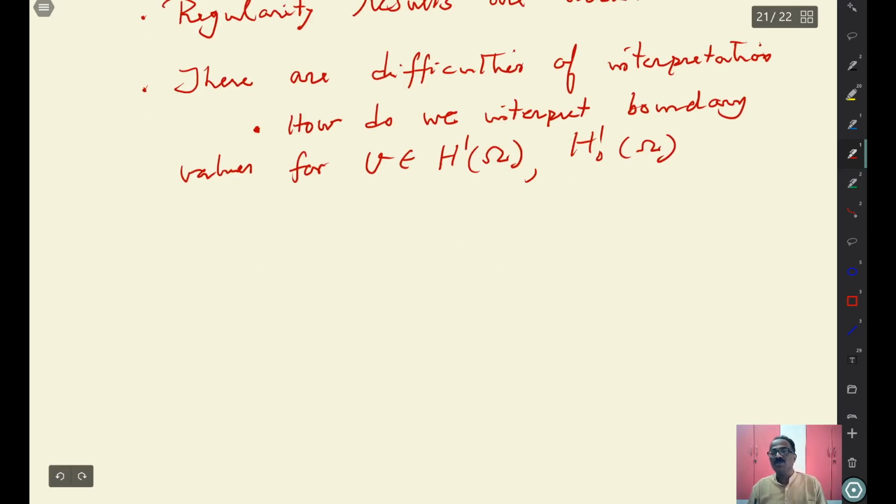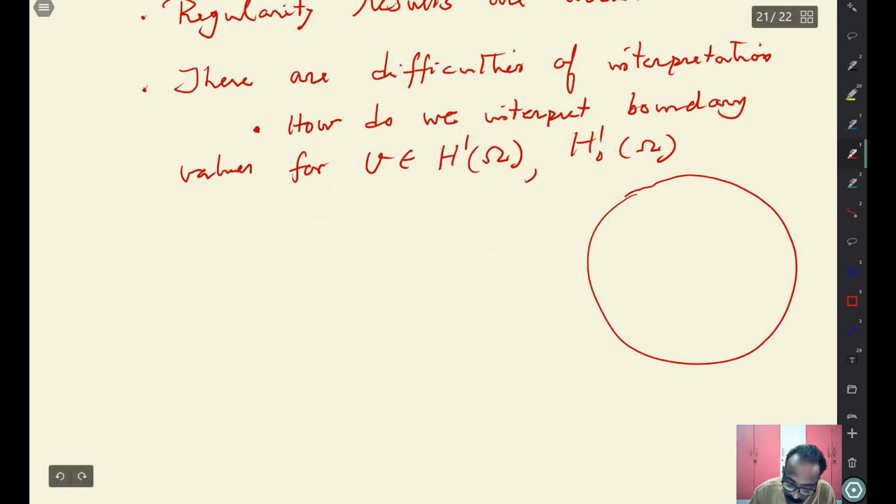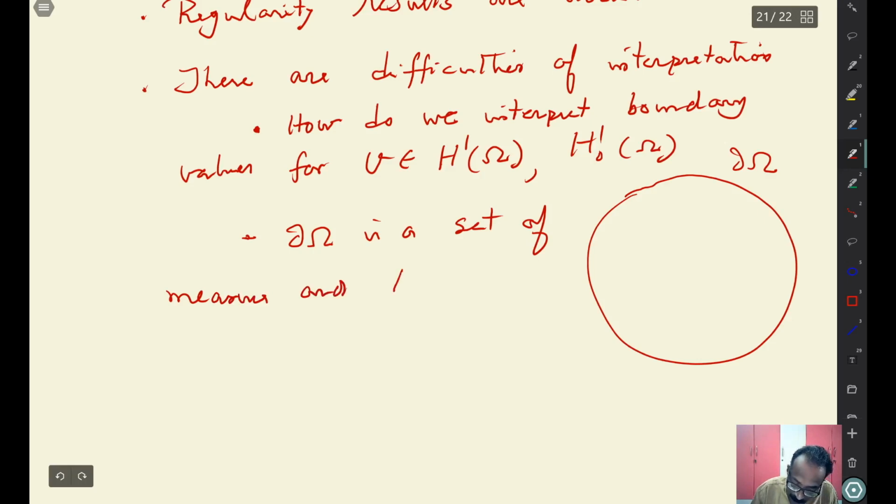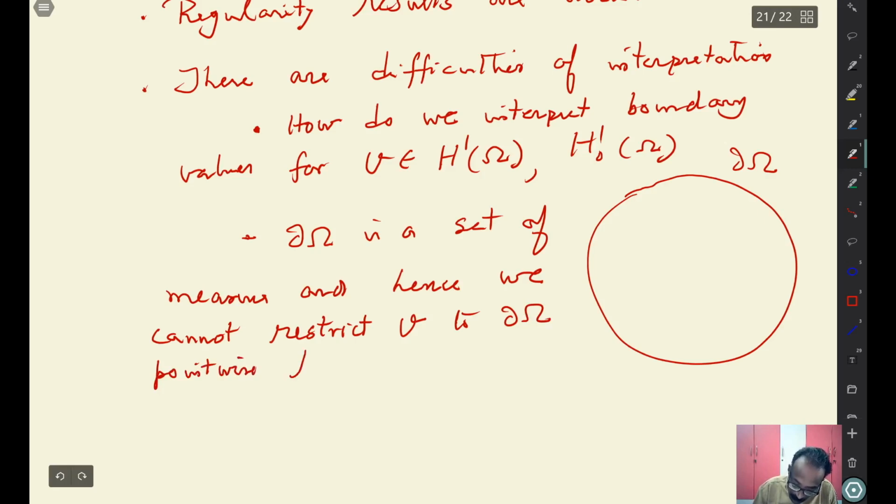Because these are all integrable functions, and the boundary d omega is a set of measure 0, we cannot restrict v to d omega pointwise, because v is only in L2 or H1, and v is defined only almost everywhere.